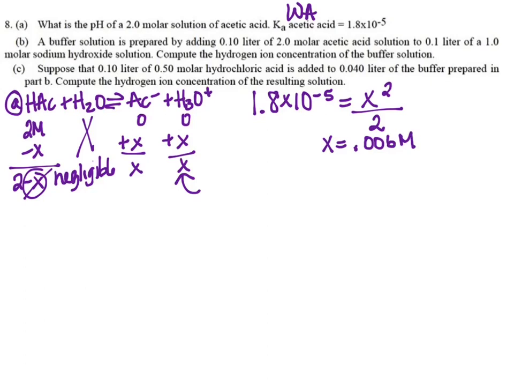X is 0.006 molar, and that equals our H3O concentration. We use that to find pH, and pH is 2.22.